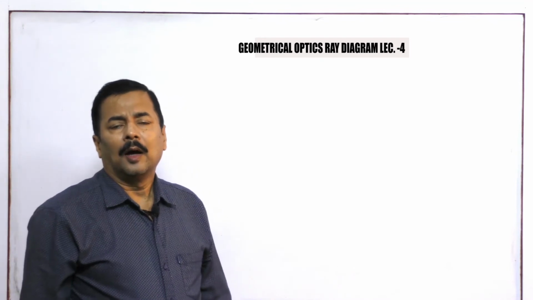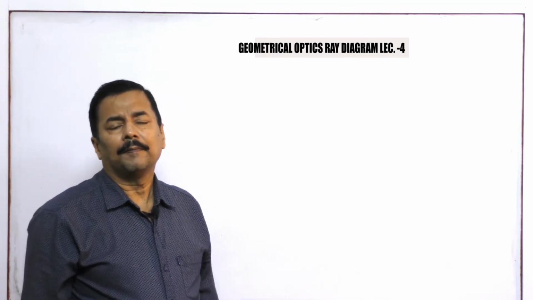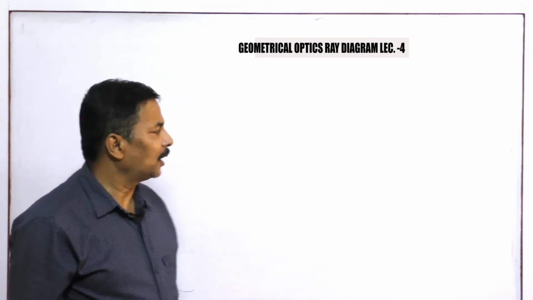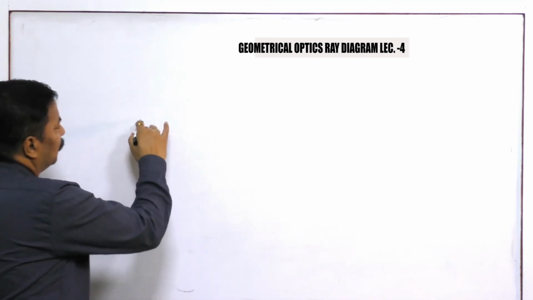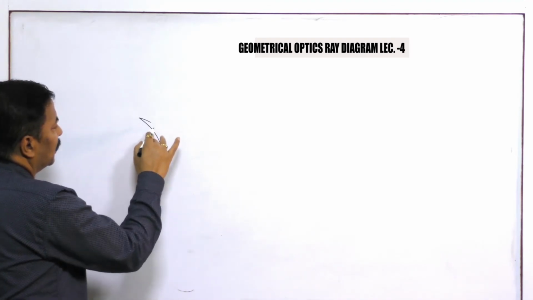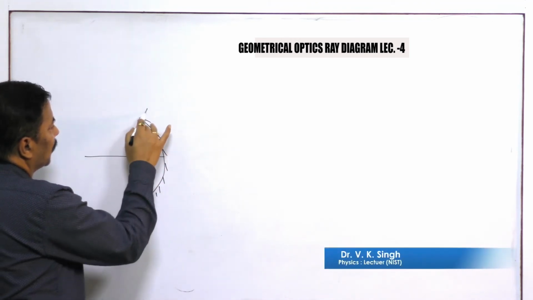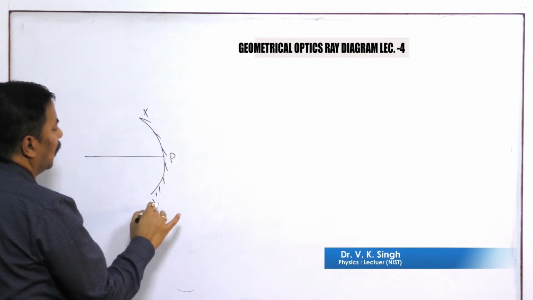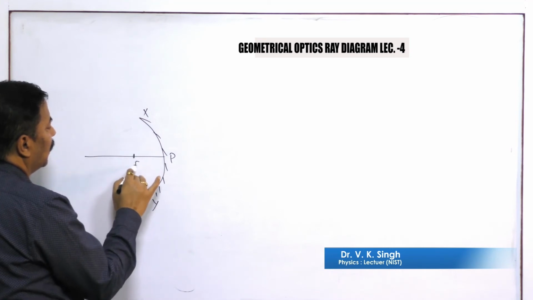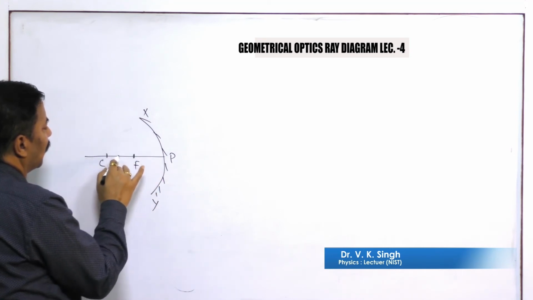Now after discussing the object at center of curvature, we have to discuss the object placed between focus and center of curvature.